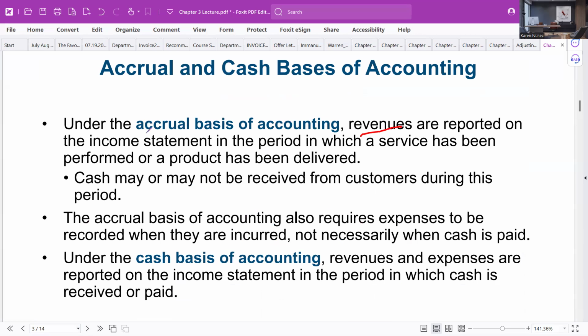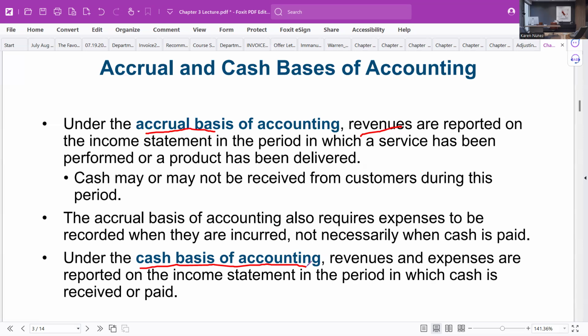Because that's the accrual basis of accounting: we accrue the revenue and accrue the expenses to bring our accounts up to date so that our financial statements are accurate and consistent with generally accepted accounting principles. Unlike the cash basis of accounting, where we don't really care whether we've earned the revenue or incurred the expense.